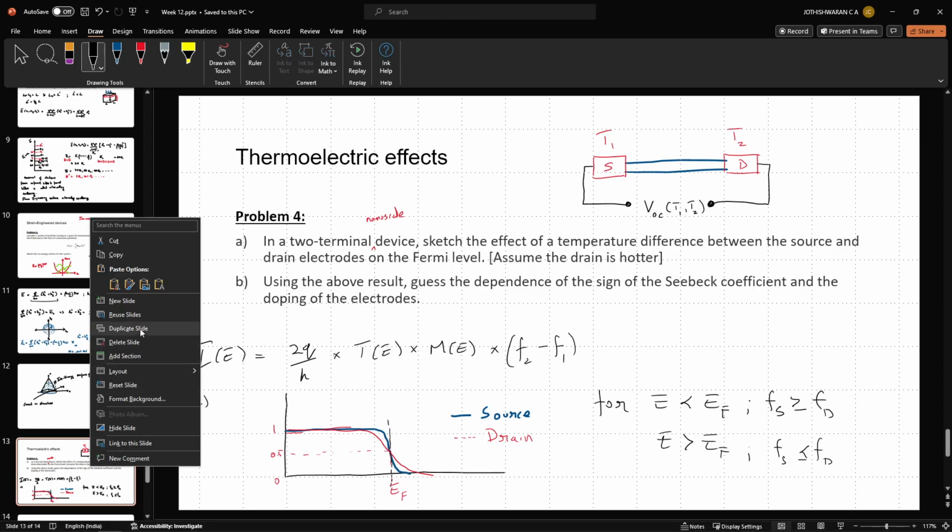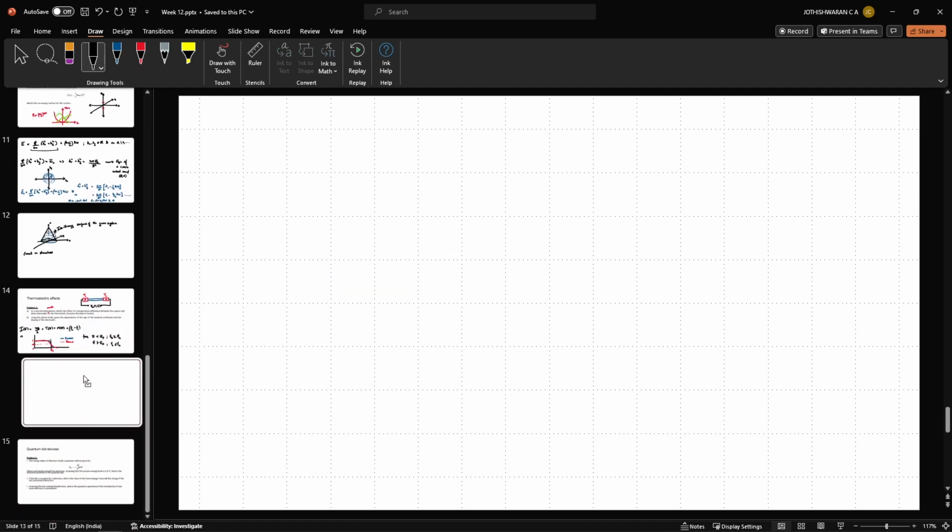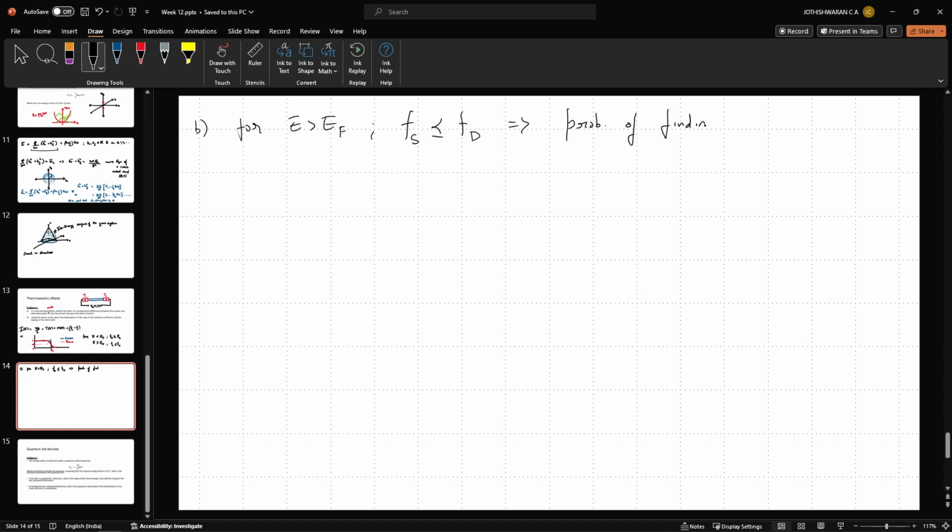Okay, so let me quickly get my slide here, drag it down here, and so part B: for E greater than EF, Fs less than or equal to Fd implies the probability of finding electrons in drain is higher.